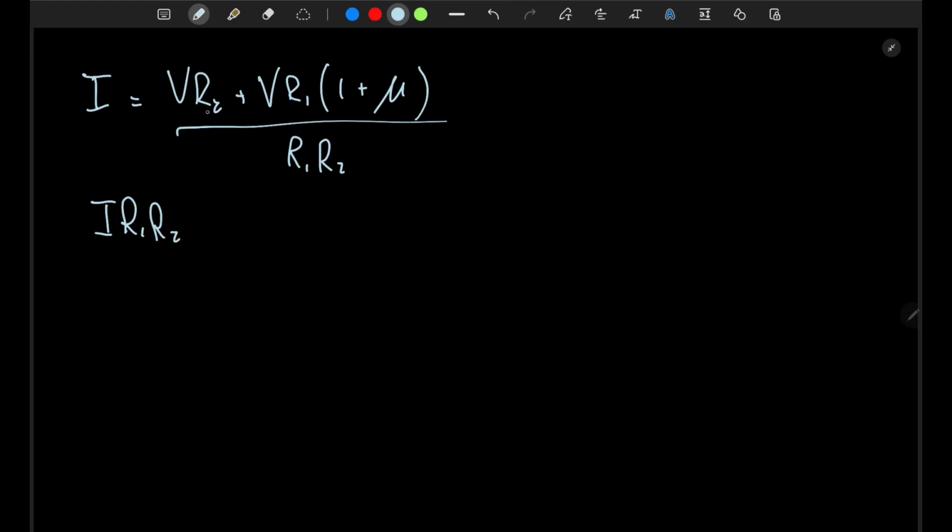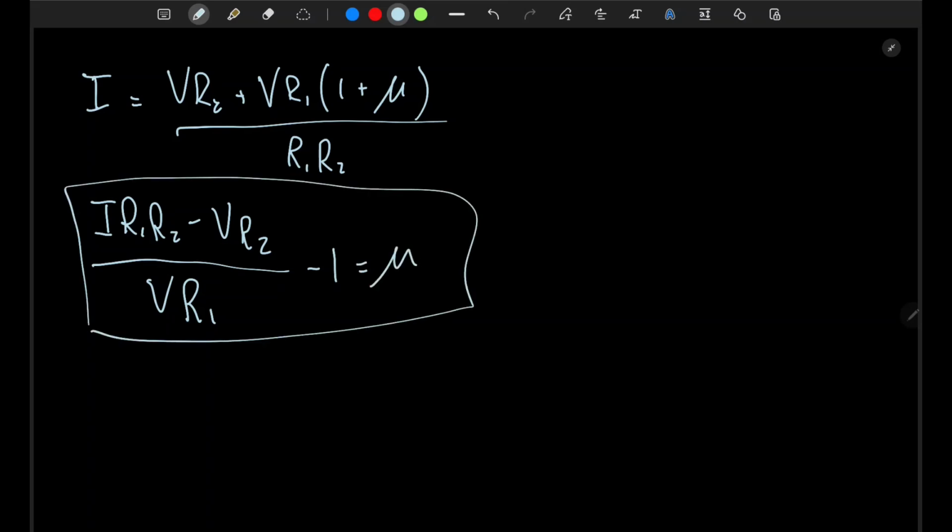We can take this VR2, move it over and change the sign, minus VR2, and then we're going to be left with this VR1 multiplied by 1 plus mu. Then if we take that VR1 and push it diagonally down across the whole side, we have VR1, and we're going to have 1 plus mu left on the whole right side. So we can just take that 1 and push it over, minus 1 is equal to mu.